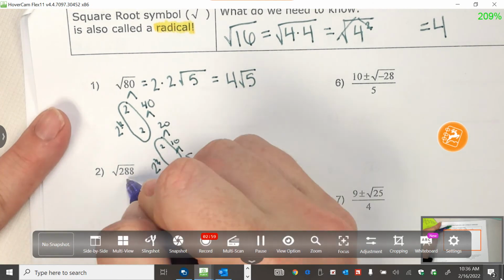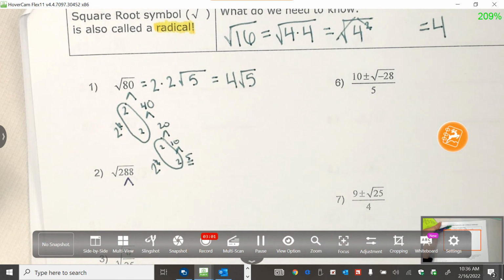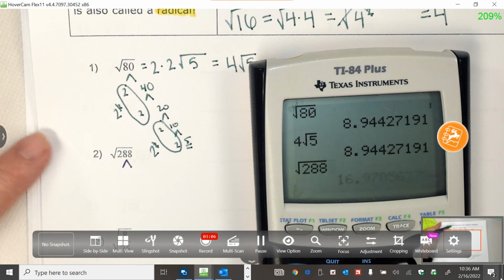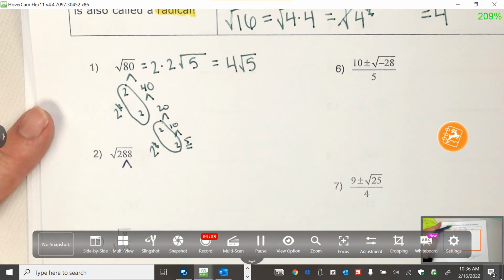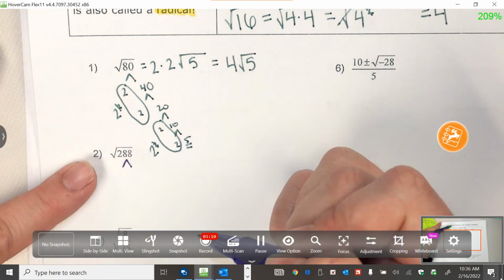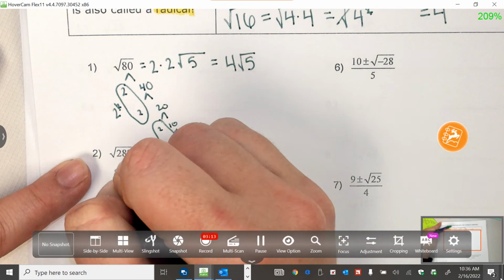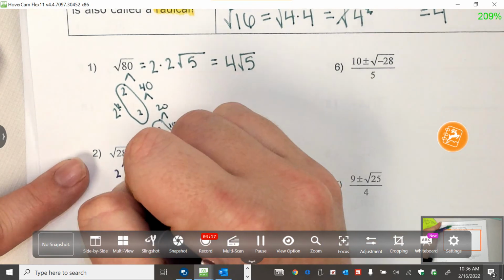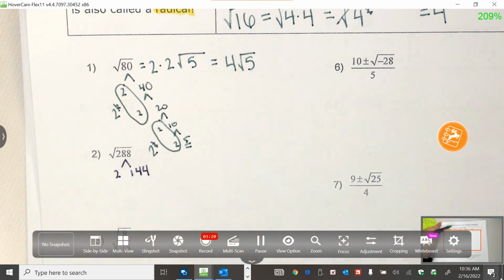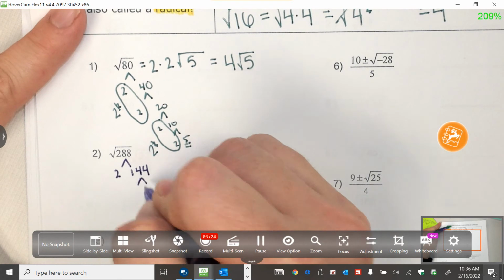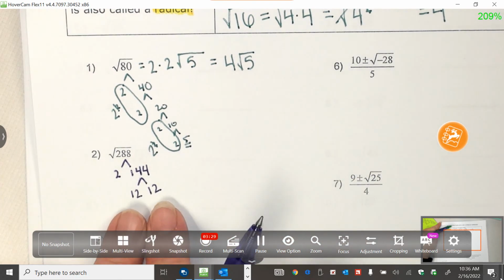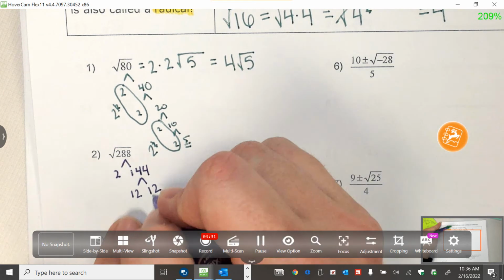So again, 288. Is it a perfect square? If we don't know, we can check. It's not. Okay? So does 2 go into 288? How many times? 144. Is 144 a perfect square? Yeah, what times what is 144? And yes, I do realize these are not prime, but do they match? Therefore, I can stop.